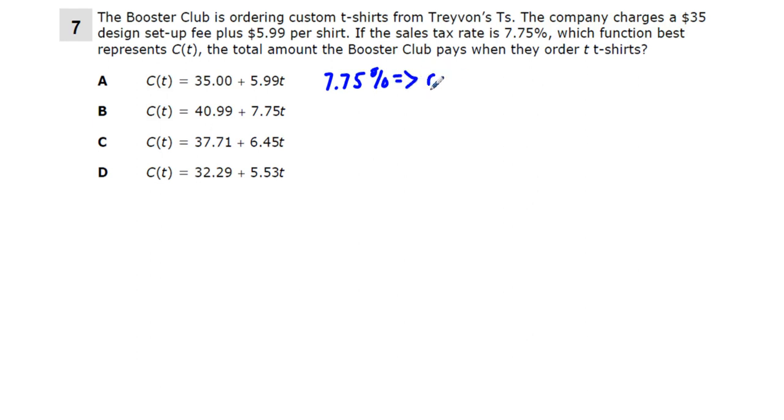It's going to be 0.0775. And when you multiply to find the price including tax, you have to say 1 plus the tax rate. That's going to be equal to your multiplier.